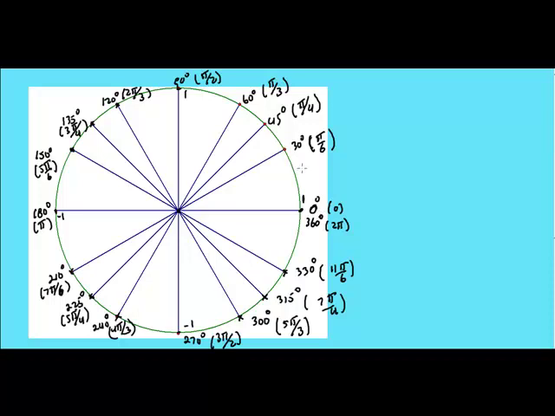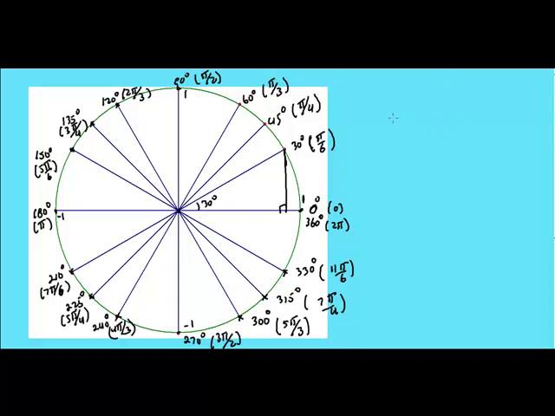Now we are going to take this unit circle and drop a perpendicular to the x-axis. Since that angle is 30 degrees, this becomes a 30-60 right triangle.